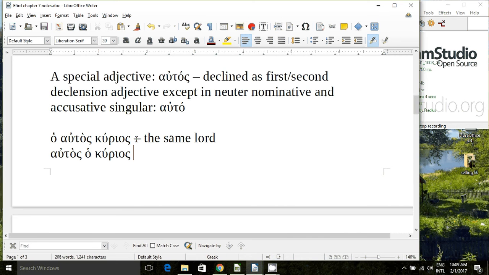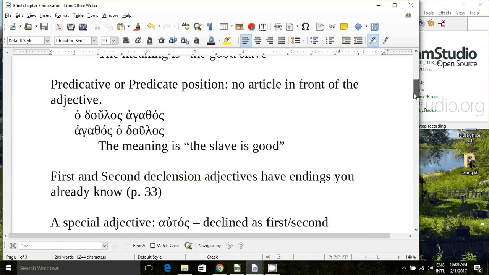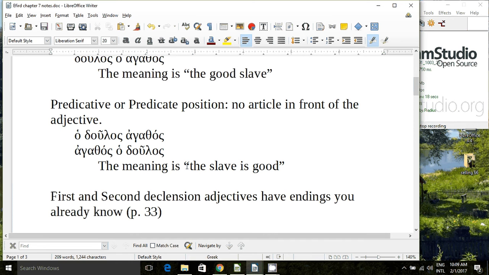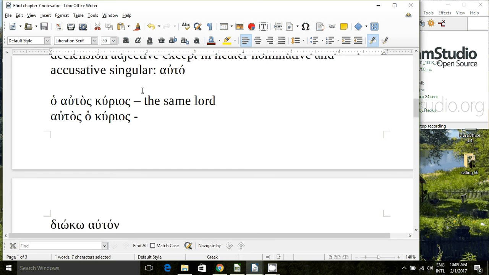When it is not in the attributive, but is instead in the predicate position, this does not mean the Lord is himself, as we would expect with the rule we just learned about the predicate position. When the adjective is in the predicate position, the slave is good. We might think that autos in the predicate position would mean, therefore, the master is himself.